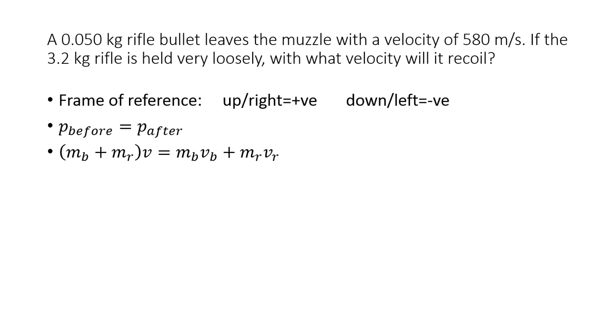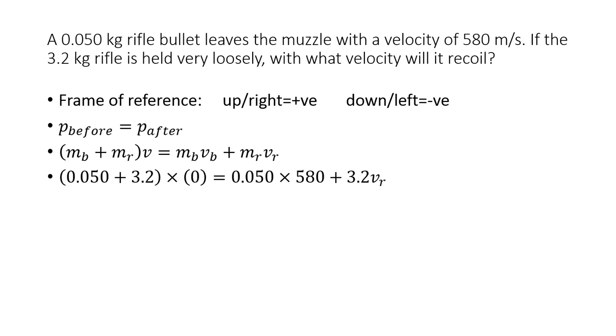After the bullet gets fired, now they're two separate objects, so I have to consider their momentums individually because they're two separate things now. So before the gun is fired, I add the momentums. The velocity is zero, right? Because it's not moving. The guy's just getting ready to fire.